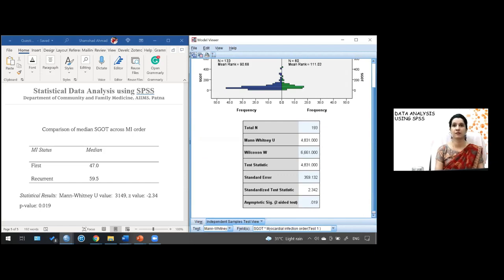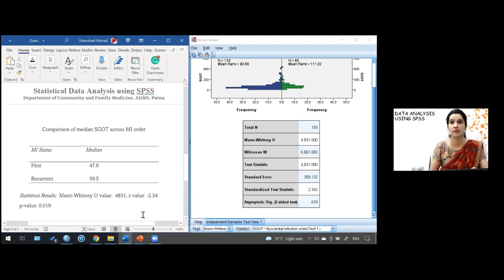Again, I'll correct this. This is 4831. Z value will be 2.34. And I'll remove this minus sign. And then the P value is okay. So can you see this now?